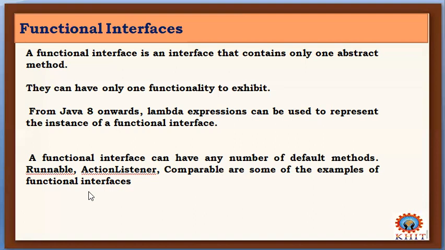Below there is a point: a functional interface can have any number of default methods. We already learned about default methods in interfaces. Like that, there can be any number of default methods, but only one abstract method in the functional interface concept. So you need to observe that.